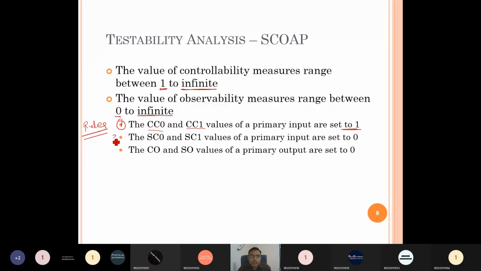Similarly, for sequential controllability 0 and sequential controllability 1, the values of all the primary inputs are set to be 0. And third, for the combinational observability and sequential observability, the values at the primary outputs are set to be 0. So we set these things when we start a testability analysis of any digital design.